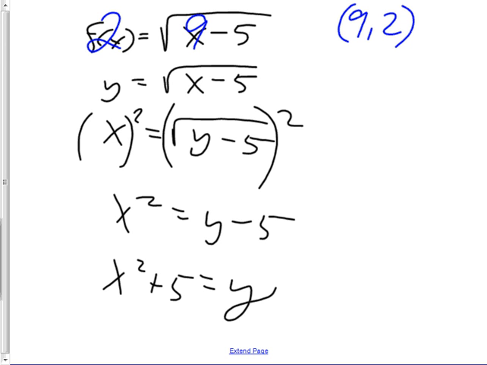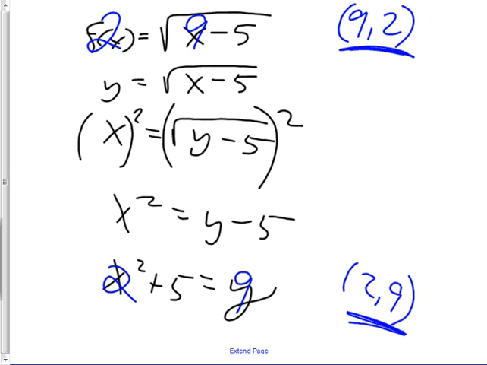If I want to be sure that I really made an inverse, I bet you if I put in 2 comma 9, it'll work in this new function. If I put in a 2, do you get that it comes out to 9? 2 squared is 4 plus 5 is 9. Now do you get why it works? If you have 9 comma 2, inverses flip x and y. 2 comma 9 ought to work. If you want a way to check yourself on the test, it's a good way.